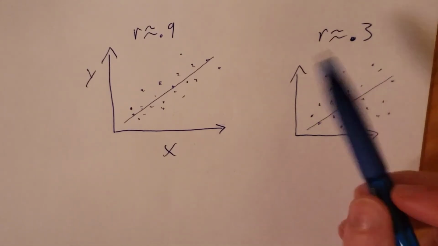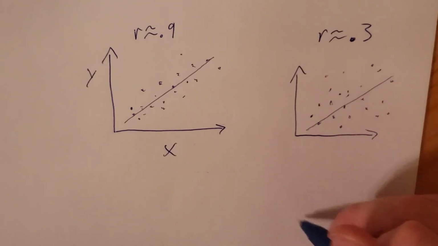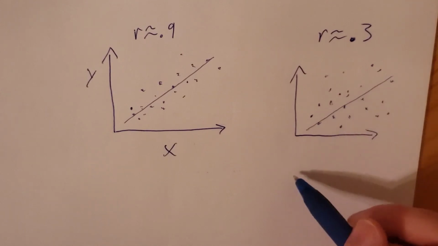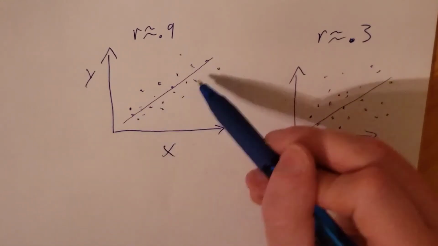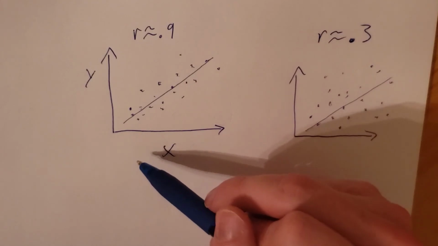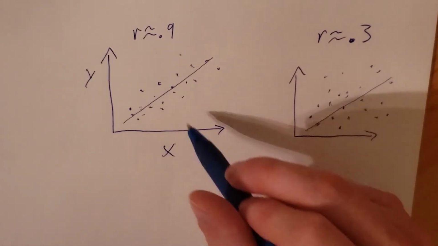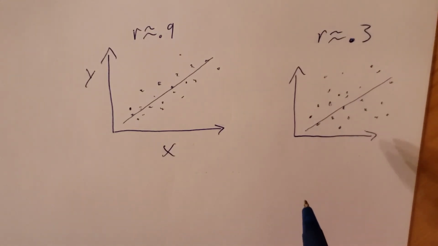And then so on. We have a similar idea if the relationship is negative. If we have a similar scatter plot, but the points are going downward, then r could be approximately -0.3. Or we can have a similar data set as this, but with the data points going downward, and that might suggest an r of about -0.9.